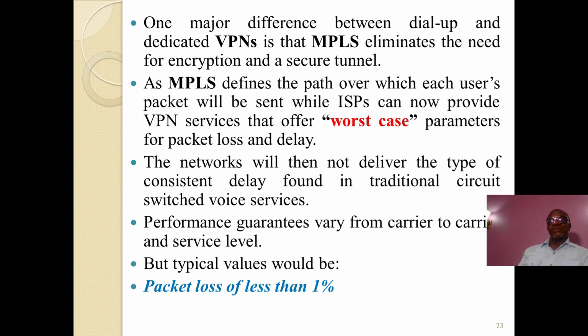When we say worst case, it is because it has established that this label switch path has the capacity to deliver this without interruptions. So you see that the worst case condition can be delivered.